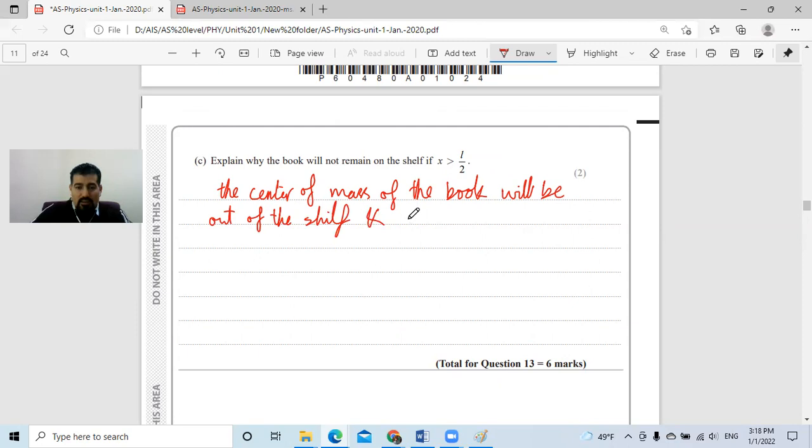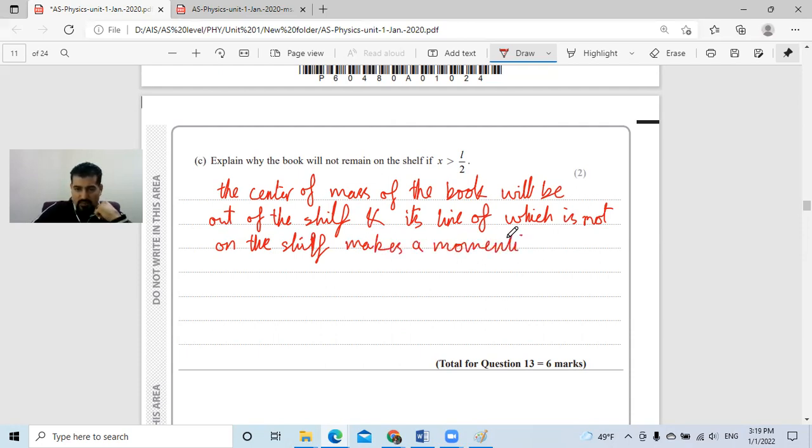And its line of action is not on the shelf, which makes a moment clockwise, and it is not stable.